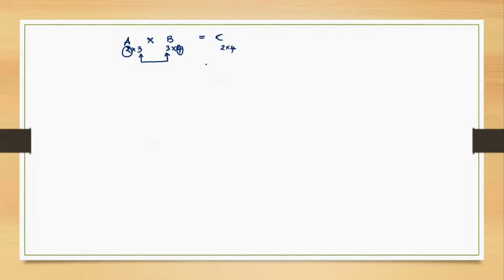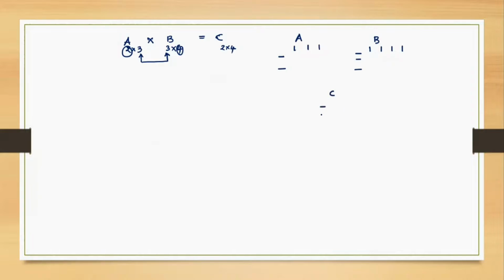Then, just for a brief illustration, A looks like this. A has 2 rows and 3 columns. Similarly, B looks like this. B has 3 rows and 4 columns. And C looks like this.